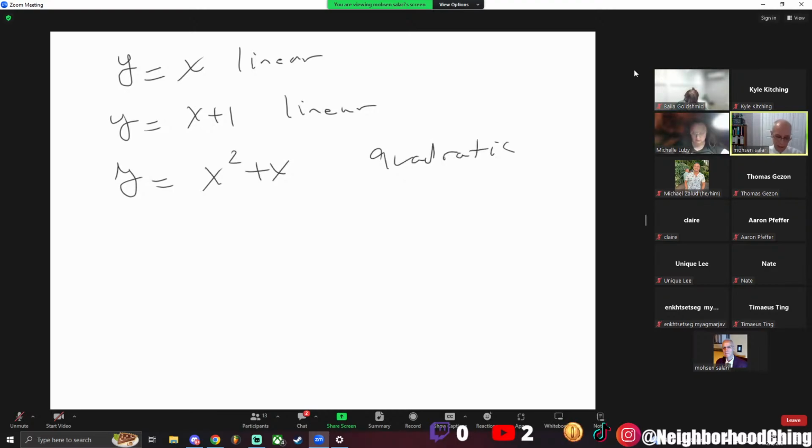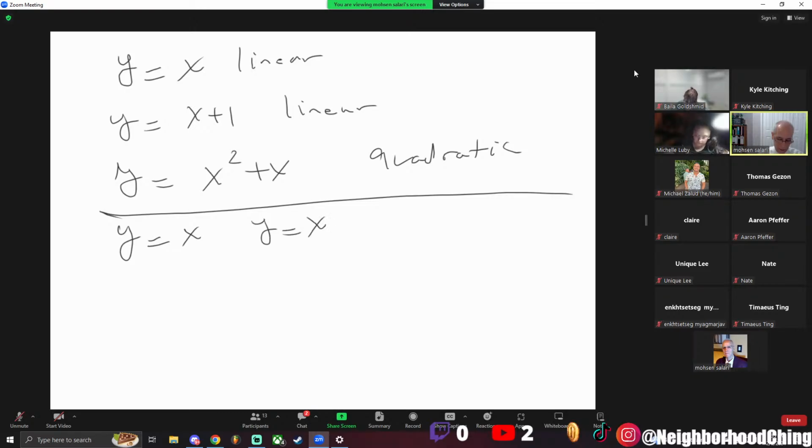Okay. So now let's expand this. If you have y equals x, let's say, and y equals x plus 1 and y equals x minus 2, then if I multiply these three, wouldn't I get x times x plus 1 times x minus 2?